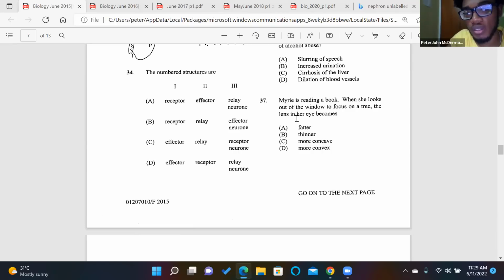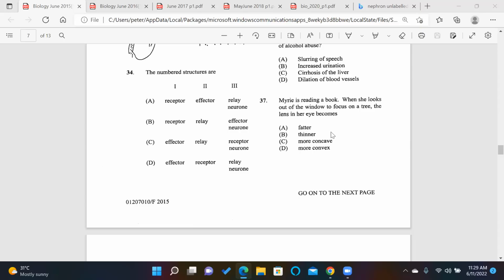Maya's reading a book. When she looks out the window to focus on a tree, the lens in her eye becomes what? Let's think about that. I'll go with A or B, by the way.